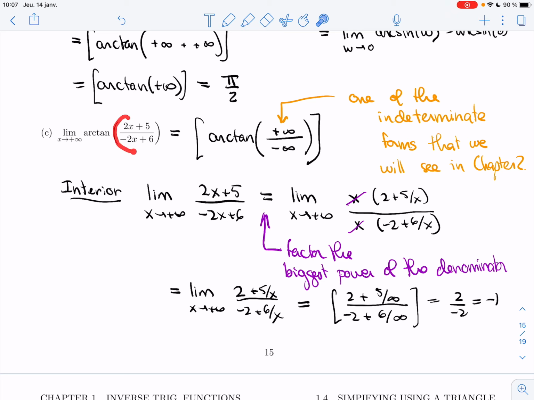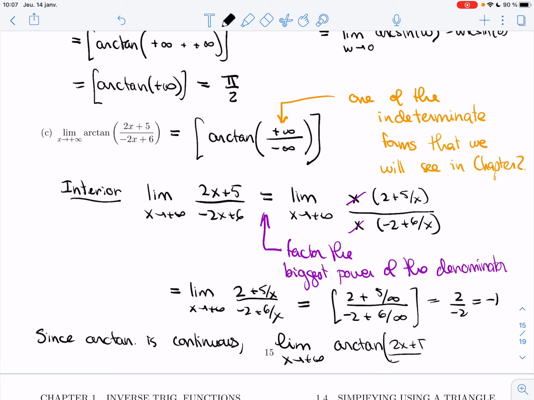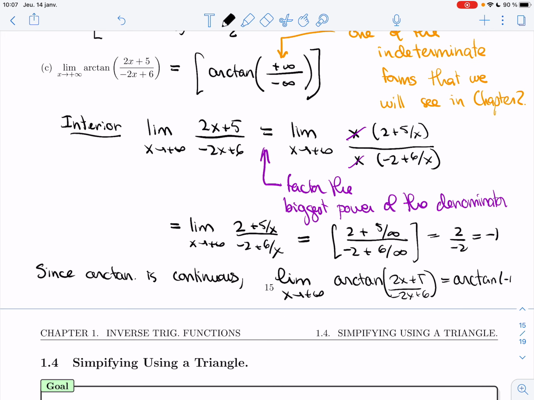That's just the interior. So this interior goes to minus 1. Since arctan is continuous, that means the whole limit as x goes to positive infinity of arctan of (2x plus 5)/(minus 2x plus 6) will be arctan of minus 1. And that's minus pi on 4.